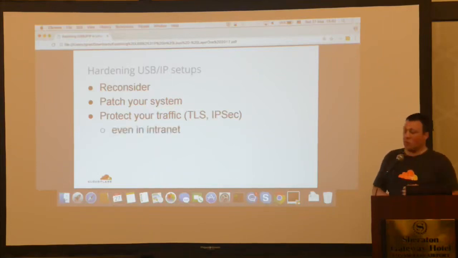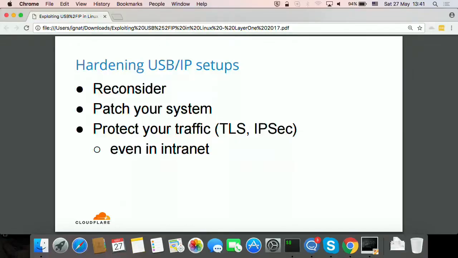And protect your traffic even in an intranet, as we saw from previous talks and previous security conferences, and will hopefully see in Fail of Things today, that even if you think your home network is secure, you have these fancy IoT devices, and you may never know who is sitting in your intranet.